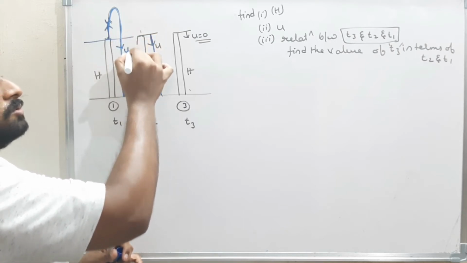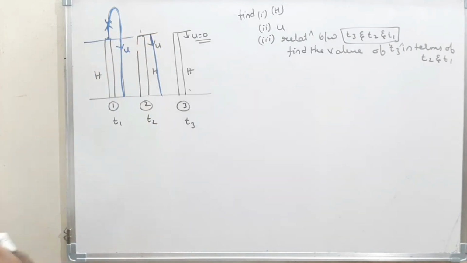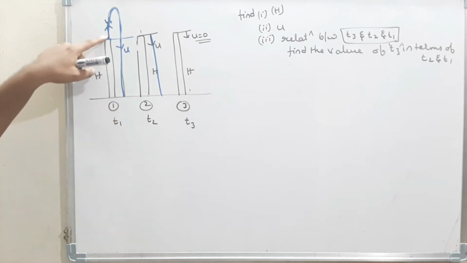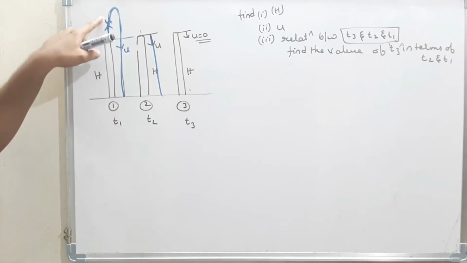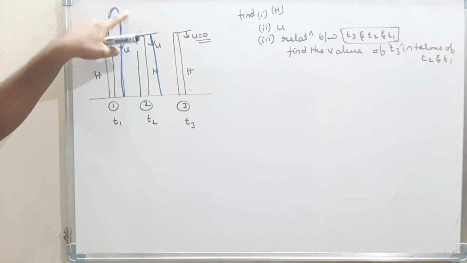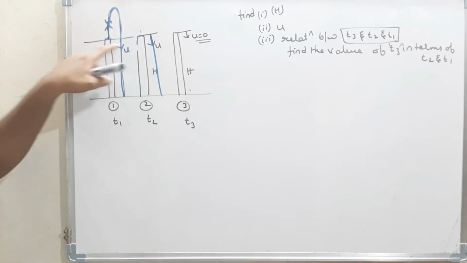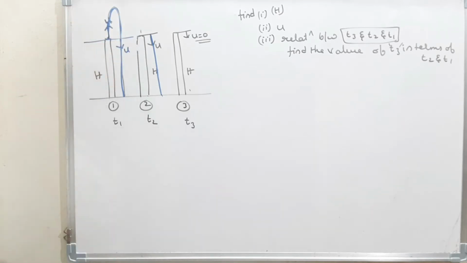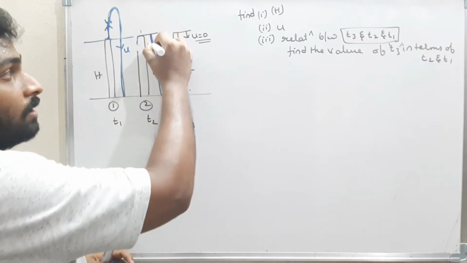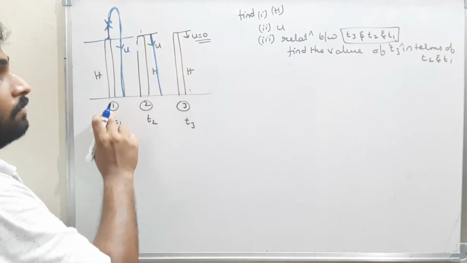The velocity is u. Observe carefully. The body is projected upwards with the velocity u, and the body will move up and come down, and then again it will cross the same reference line with the velocity u downwards. That means, what is the extra time of t1?